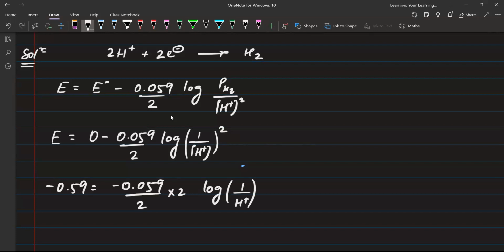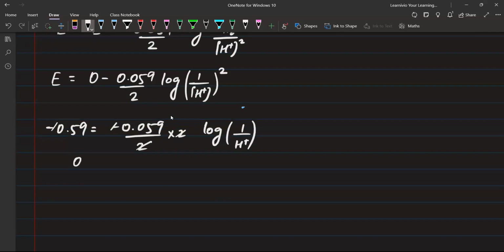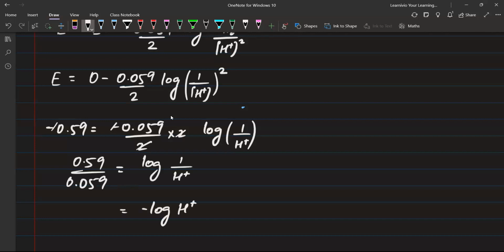Negative and negative cancel, 2 and 2 cancel, 0.059 will go to that side and it will become 0.59 divided by 0.059, which is equal to log of 1 upon H plus. You can write this as minus log of H plus because log 1 upon a is equal to minus log a, and this will be 10. If you divide 0.59 by 0.059, you get 10, and this is nothing but the pH. So pH will be equal to 10.